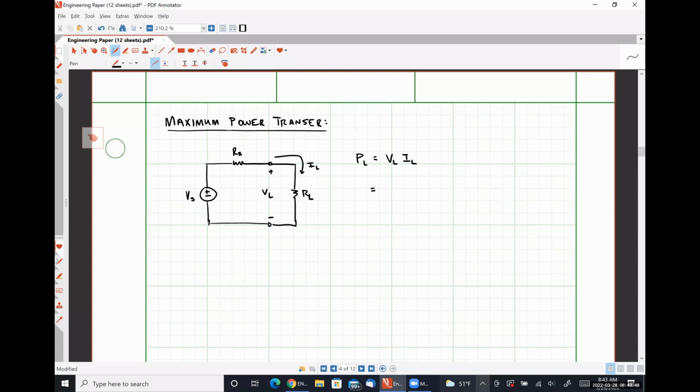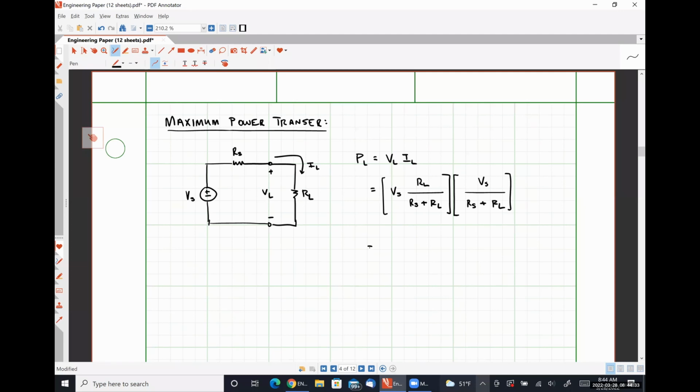I'm going to express the quantity VL in terms of our voltage Vs here by using voltage division, much like I did earlier. So I can say that that is going to be Vs times RL over Rs plus RL. And I'm going to express the current IL using Ohm's law and say that IL is simply Vs divided by Rs plus RL.